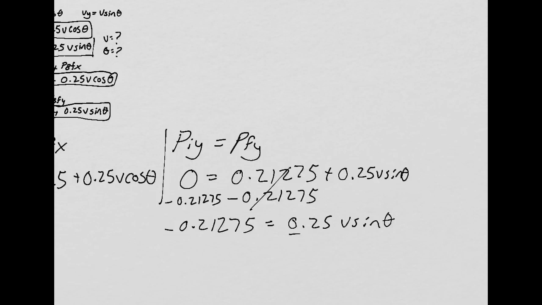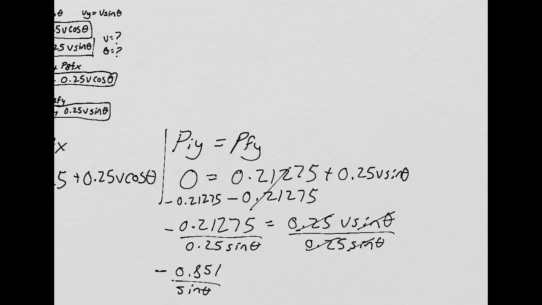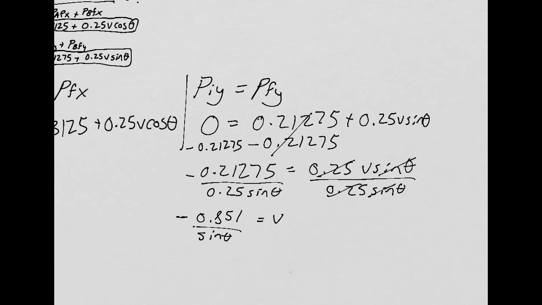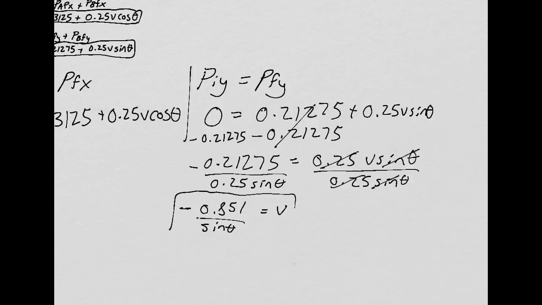We're now going to divide by 0.25 sine of theta to get V by itself. That cancels, that cancels, that cancels, and that cancels. So, if we do negative 0.21275 divided by 0.25, we get negative 0.851 over sine of theta is equal to V. So we've now isolated our velocity.